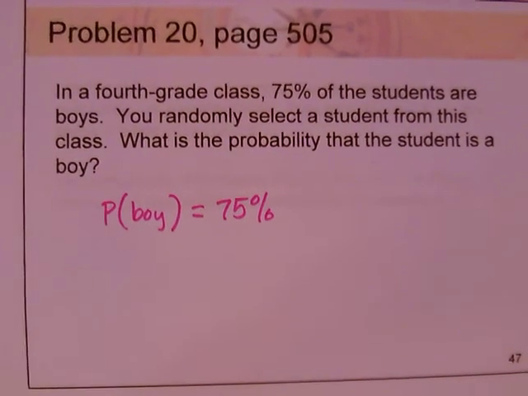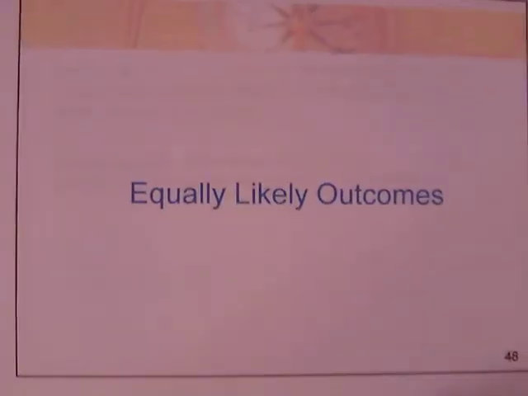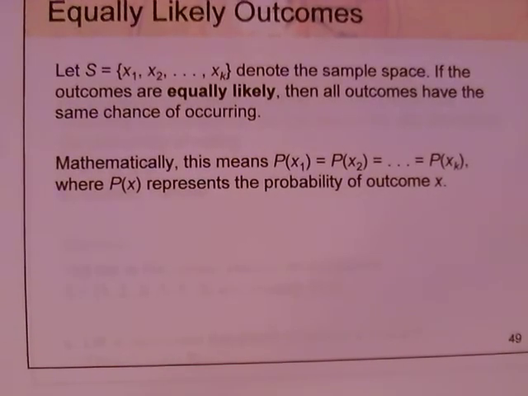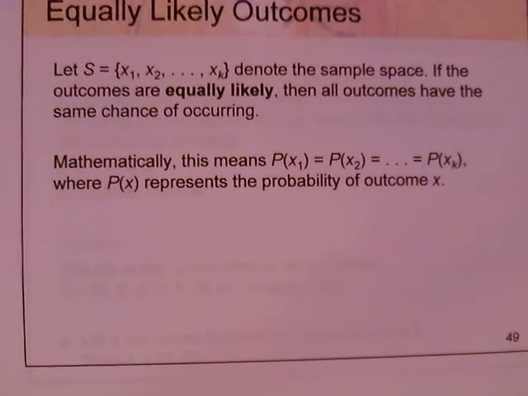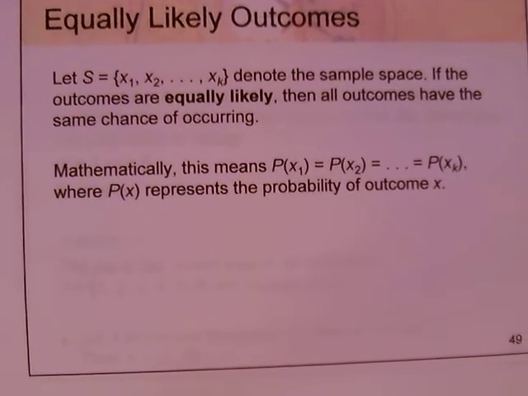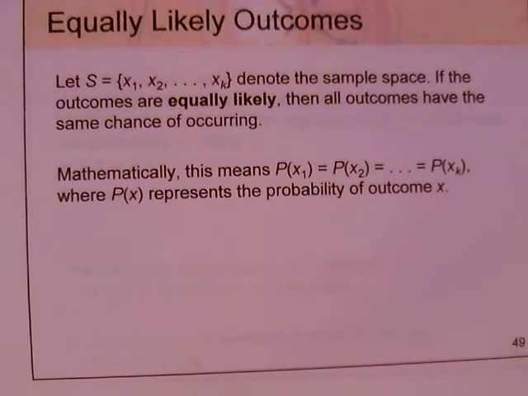There we go. Equally likely outcomes is the next thing we'll look at. So let's say we let S equal x1, x2, all the way out to x sub k. That's going to denote the sample space. If the outcomes are equally likely, then all outcomes have the same chance of occurring.